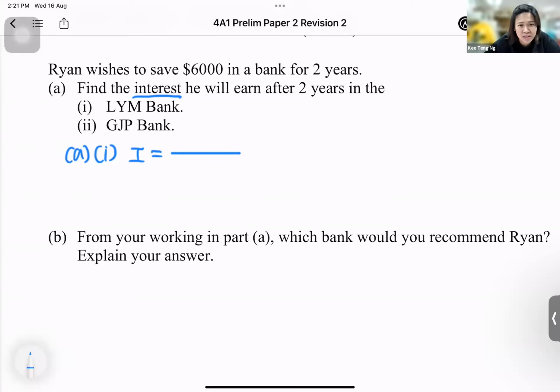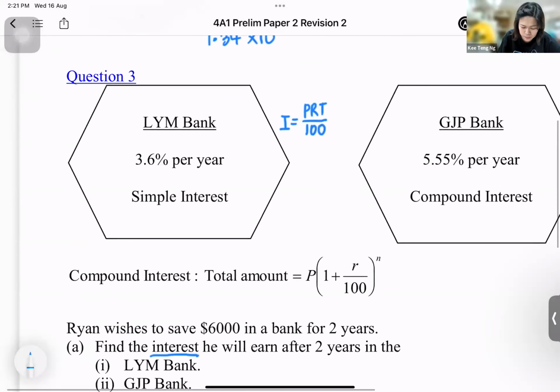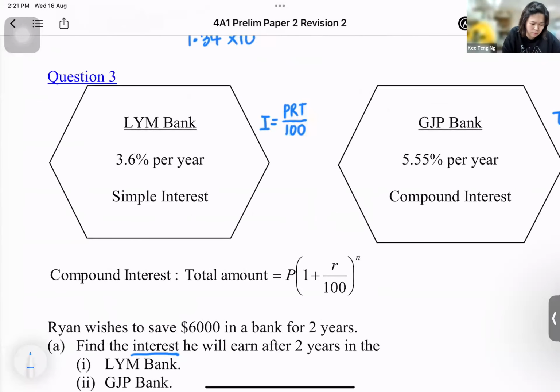What is the P? Which one is the principal? 6,000. 6,000 times the interest rate. What is the interest rate given? 3.6.